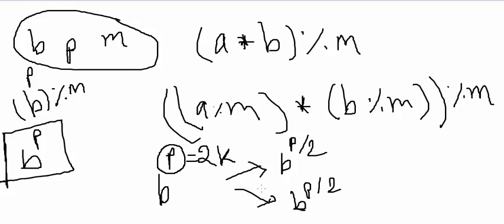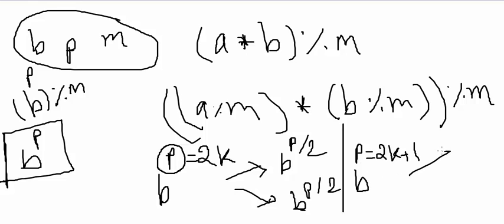Okay, so what happens when P is not even, that is, when P is odd? Well, in that case, P can be represented by 2k plus 1, where k is a number whose double is 1 less than P. That means 2k plus 1 is P. How can we divide this into two parts?